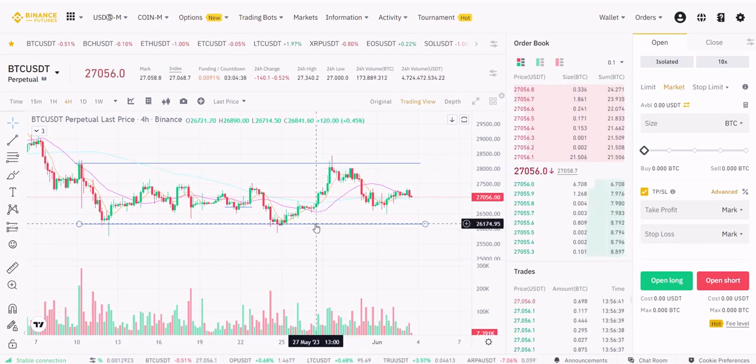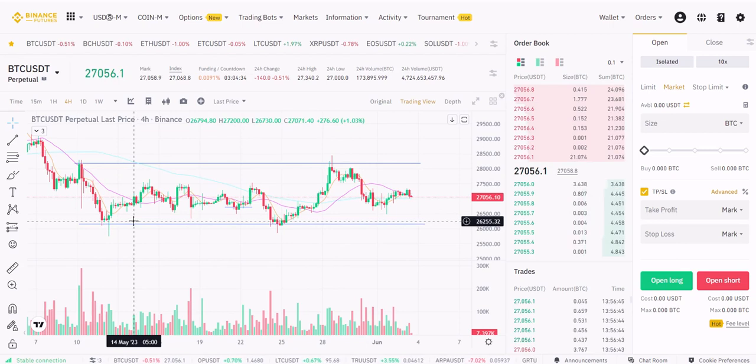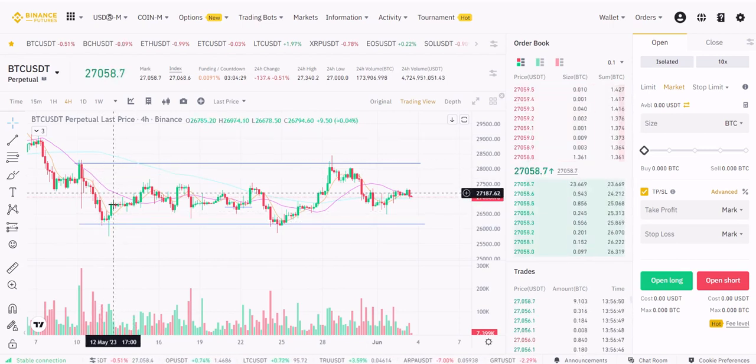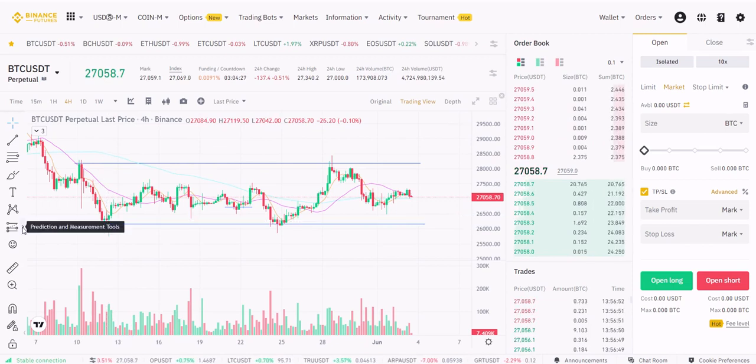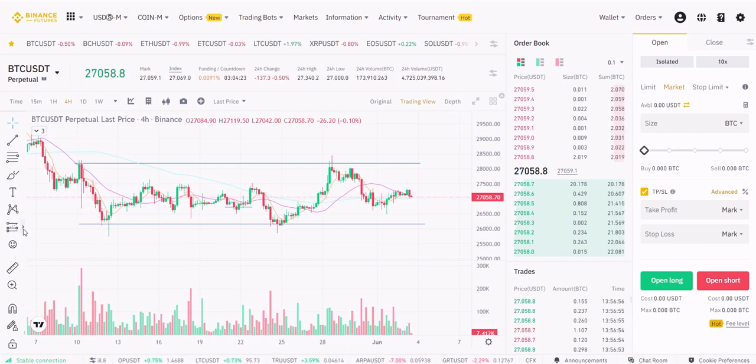So what we would do here is first figure out how much leverage would be appropriate for this type of range. It's pretty easy because, the same as with TradingView, you have prediction and measurement tools.